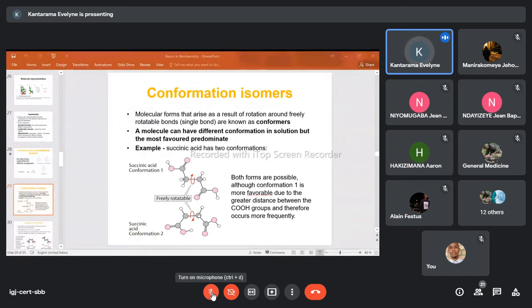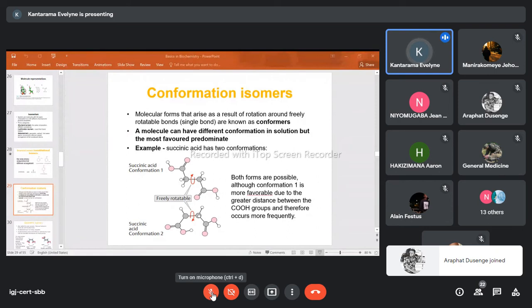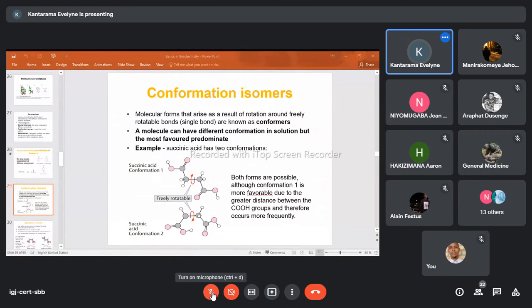For example, here we have succinic acid that has 2 conformations. Any single bond here can rotate, but the rotation between this carbon and this one is the one which will impact this molecule, as with this rotation you can have at least 2 forms of succinic acid.